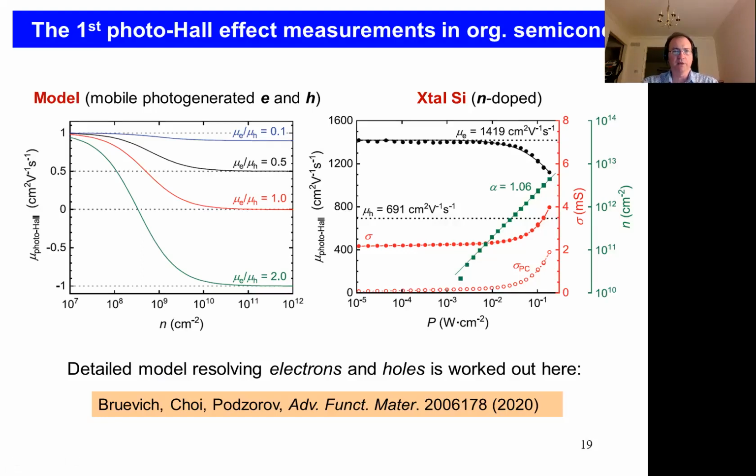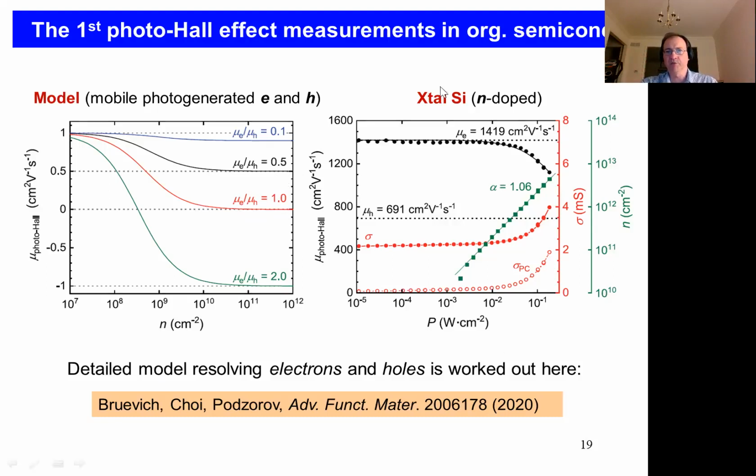But then as you generate more and more photocarriers by photoexcitation, the photocarriers start dominating, and as you know, electrons and holes compete for the formation of photo Hall voltage. They work with the opposite sign, and so the photo Hall mobility at the plateau should be equal to the difference between the electron and hole mobility. So this mobility should be equal to delta mu, equal to mu electron minus mu hole.